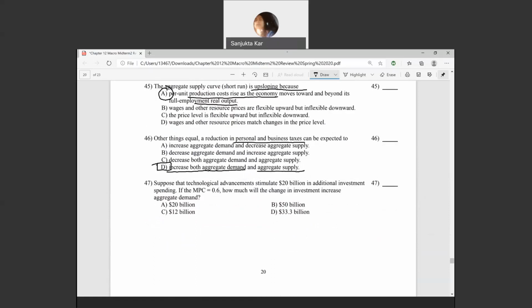Now question number 47 here. My MPC is equal to 0.6. Question is asking here, how much will investment demand change? So I have the formula for multiplier. This is equal to 1 over 1 minus 0.6, which is equal to 1 over 0.4.